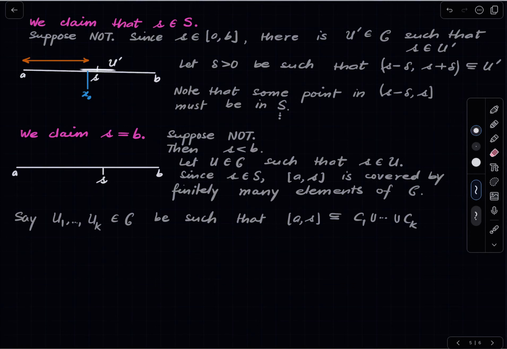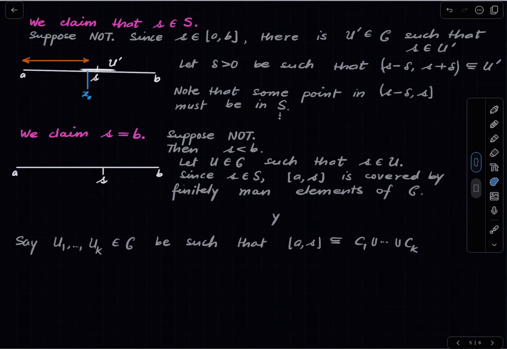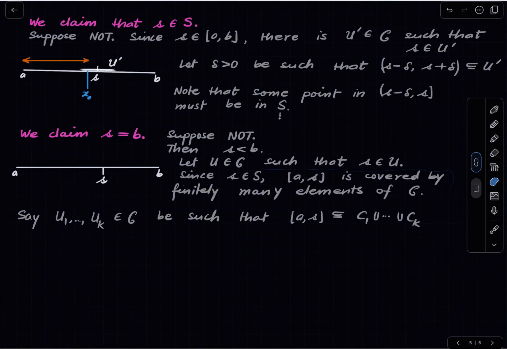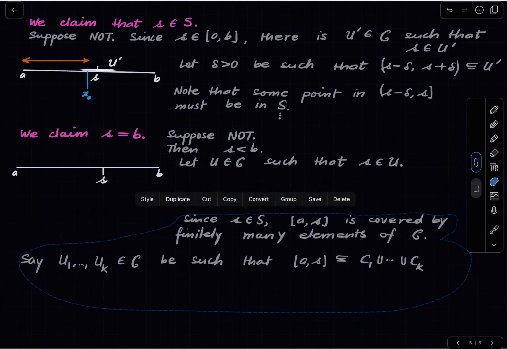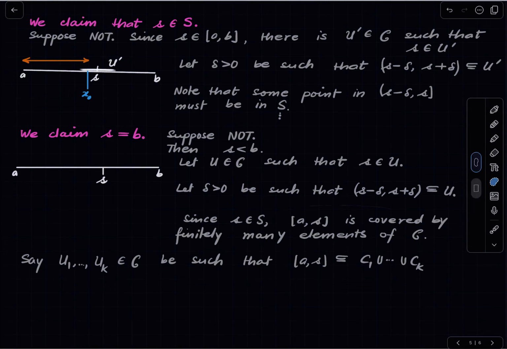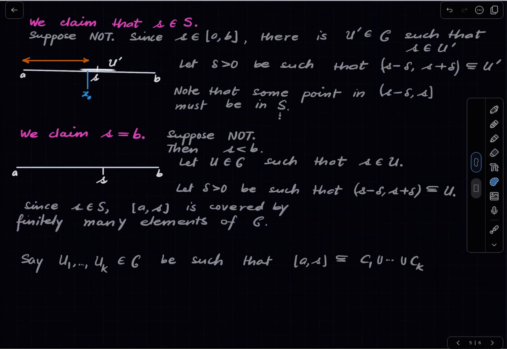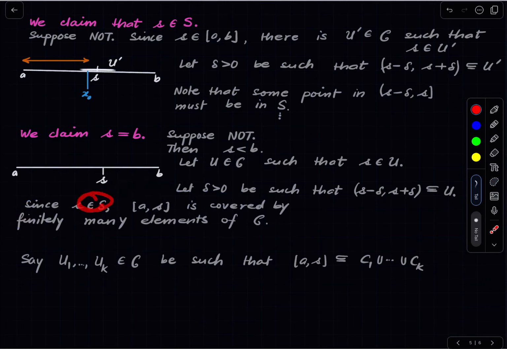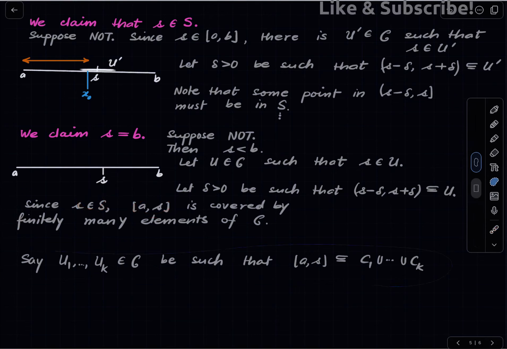But that implies that, so before I continue, this is fine. Again, here we will choose a delta. So let delta greater than 0 be such that this thing is contained in U. Because U is an open set, you can find such a delta. So we have that, and now since little s is in capital S, this is covered by finitely many elements of C, and therefore we get U1 up to Uk.